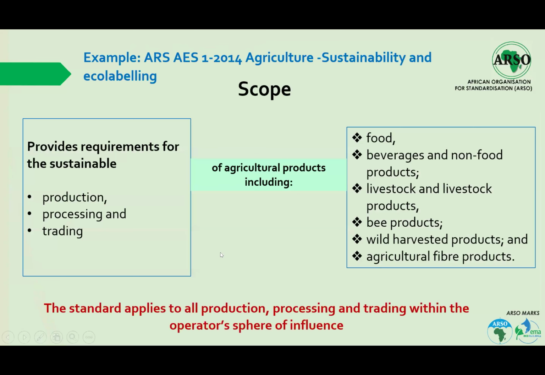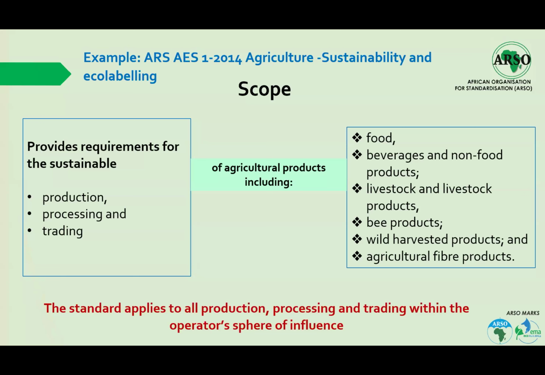Just taking one example of the standard on agriculture, sustainability, and eco-labeling. This is one standard which has been implemented by a number of SMEs. This standard has a scope, and this scope includes requirements on sustainable production. It covers processing and also trading. And it can cover a number of products.